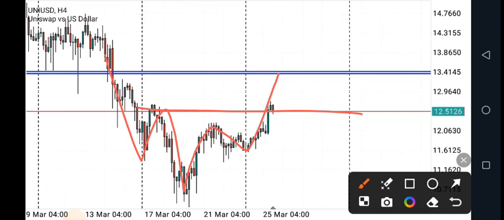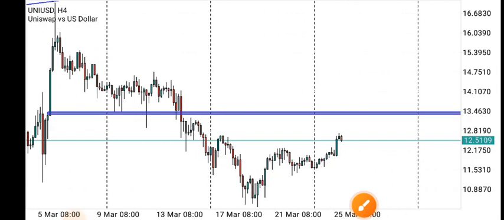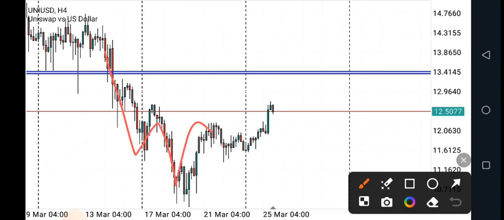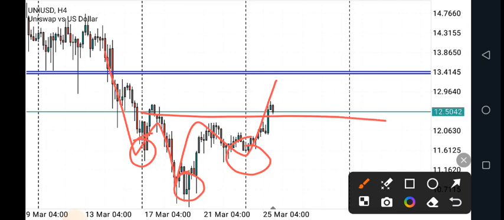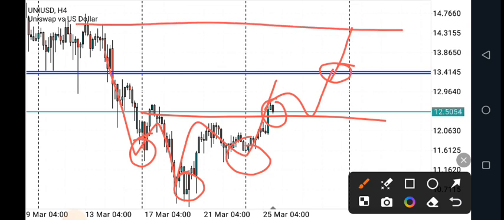It's called an inverted head and shoulders pattern, excuse me, with this side being the left shoulder, this being the head, and this area over here being the right shoulder, and it too has a neckline there, more or less. And we can see that price at that point has violated that neckline, and we may see the market actually move further up to this level at the very least, or even continue to move further up to close pretty much in line with that level, which is pretty much where this inverted head and shoulders pattern started, right?